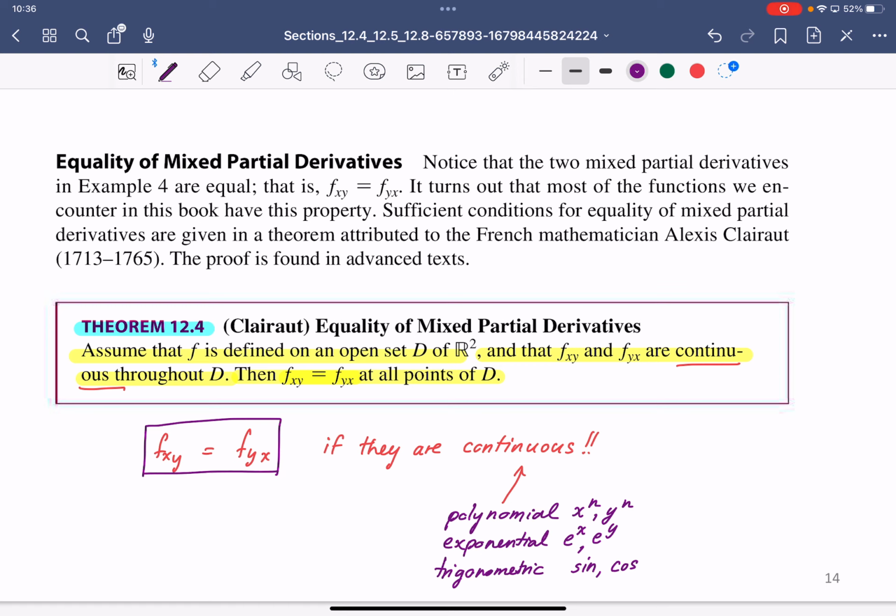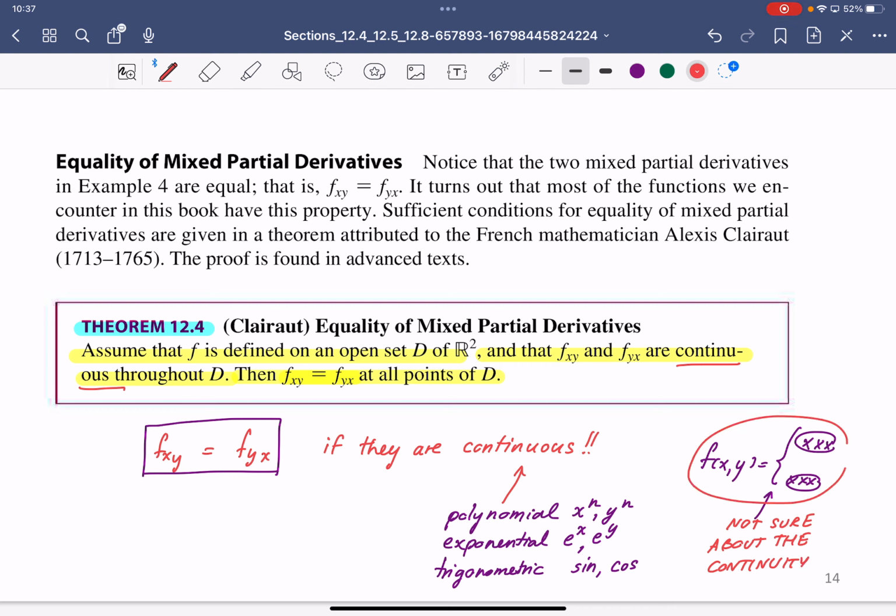The thing that you know for sure is not continuous is the case where fxy equals something here and something else there, like you have the braces here. This is the case where you're not sure whether it is continuous or not. Not sure about the continuity.